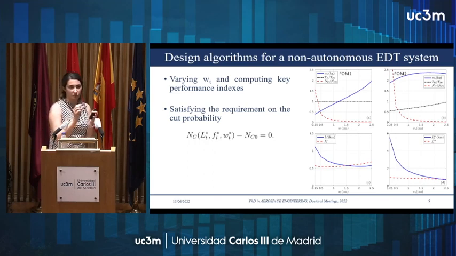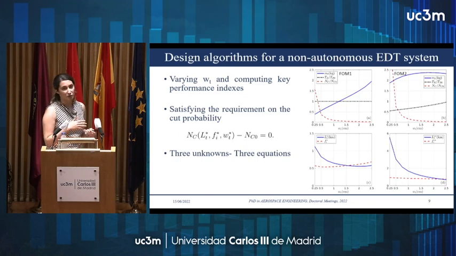We cannot just take a lower value for width, because the cut probability goes up. So we have to satisfy the requirement on cut probability, with which we can find the optimum value of the tether width. In fact, we have to solve the three equations together to find the three unknowns of the problem.